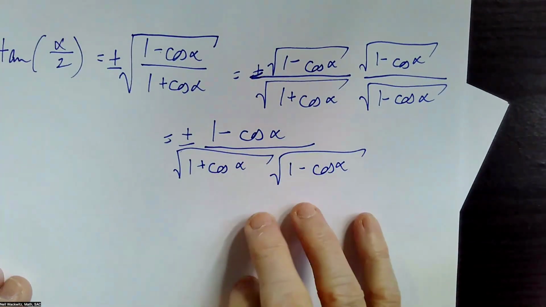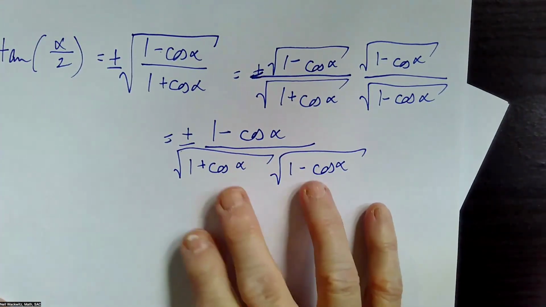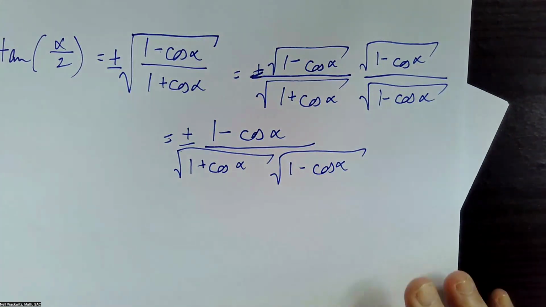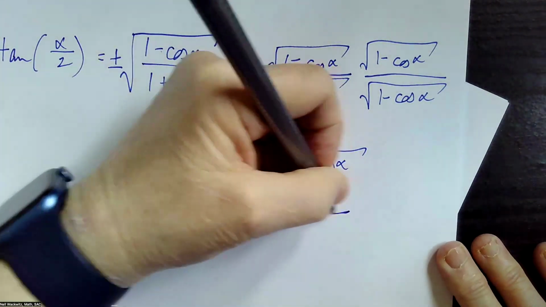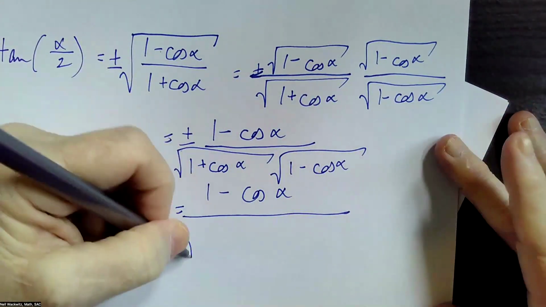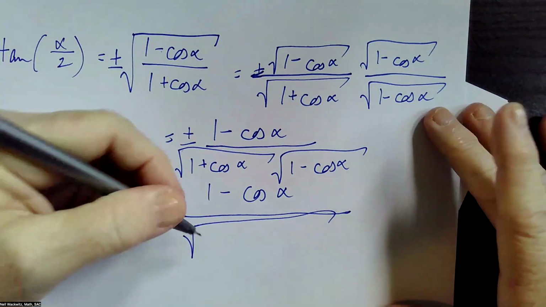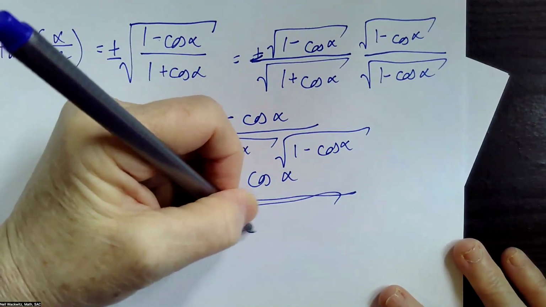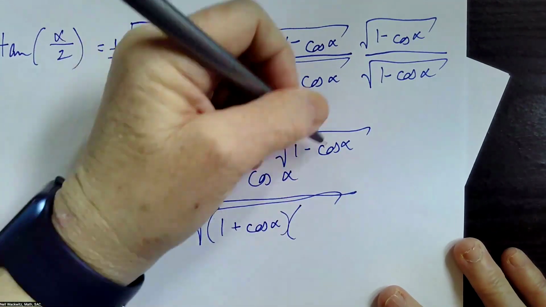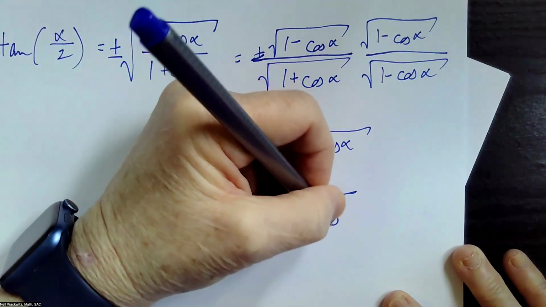But if we've got two numbers multiplied together with a square root, we can write those as the square root of the two numbers inside: 1 plus cosine alpha times 1 minus cosine alpha.